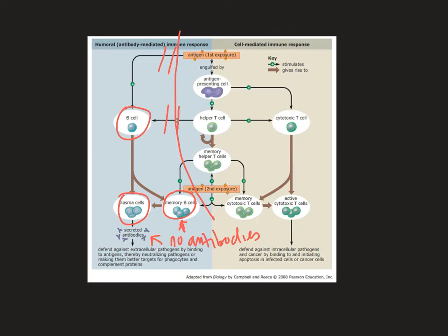It wouldn't be any faster, because usually in the second response the immune system acts faster than the first response, but that wouldn't happen here. It would be either the same or slower.